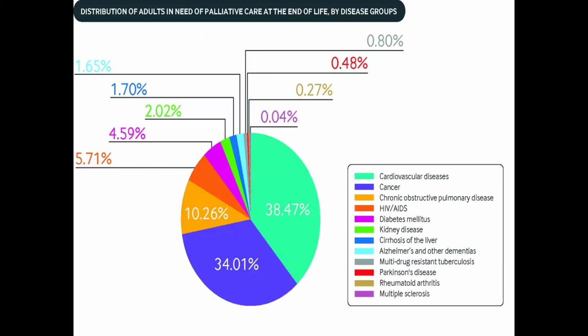If you look at the distribution of adults in need of palliative care at end of life, you'll notice cardiovascular disease and cancer on the top, followed by COPD here. So it really is considered the third cause of palliative care consultations.